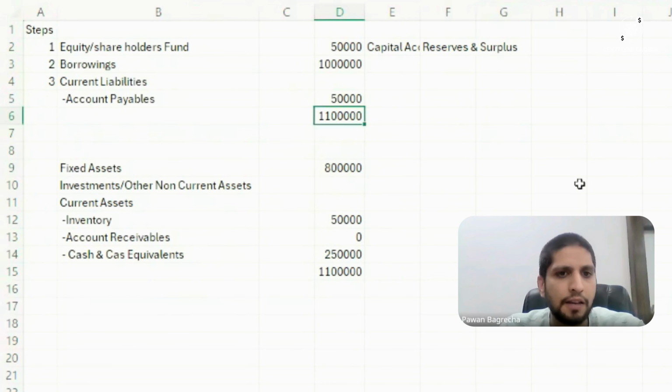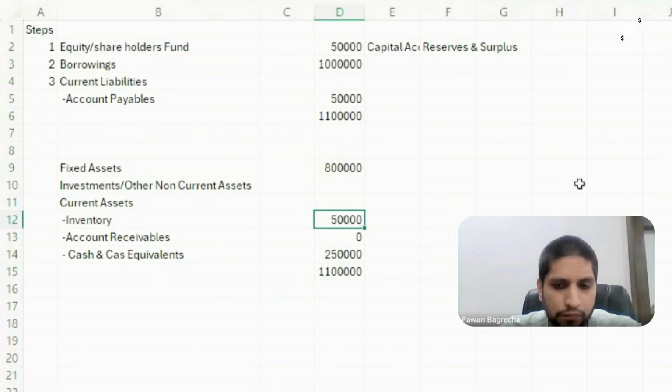Now from that inventory, we have sold half of the goods. So inventory becomes 25,000, but the goods were sold at 50,000 rupees. So here we have a margin of 25,000 rupees, so our reserves will be plus 25,000.